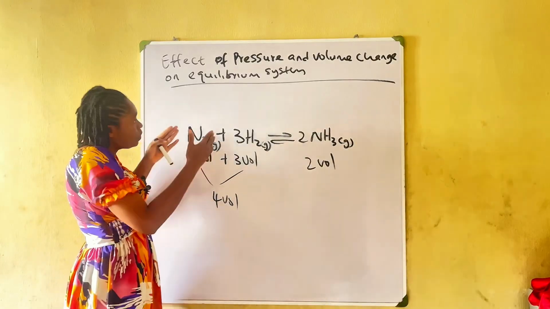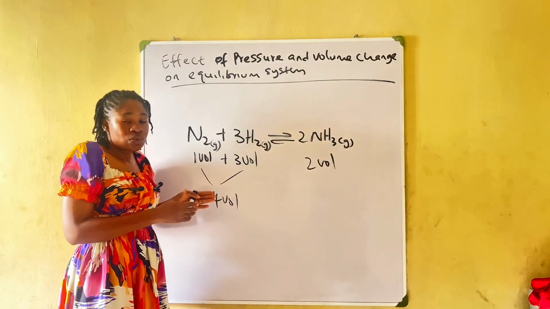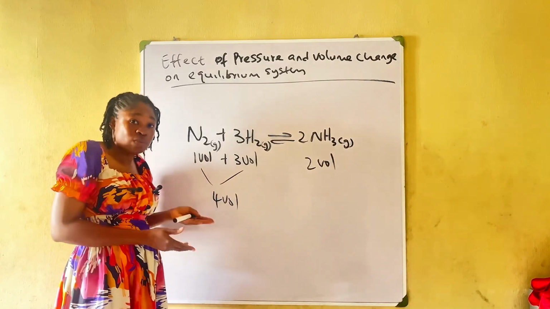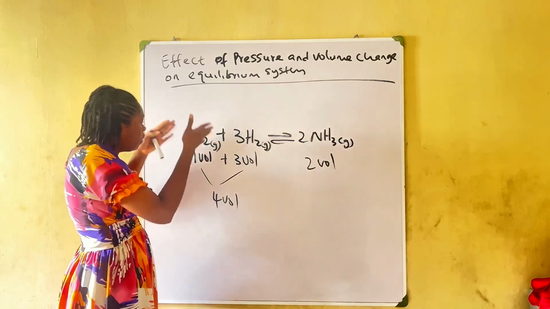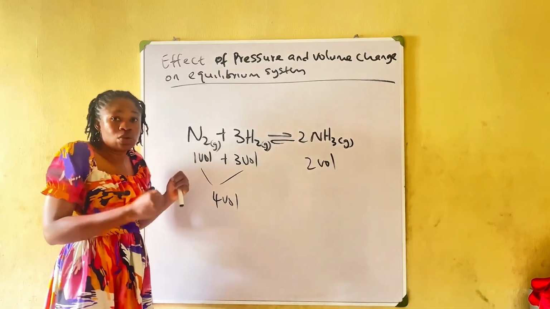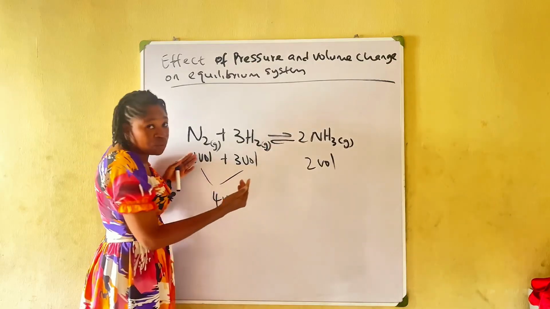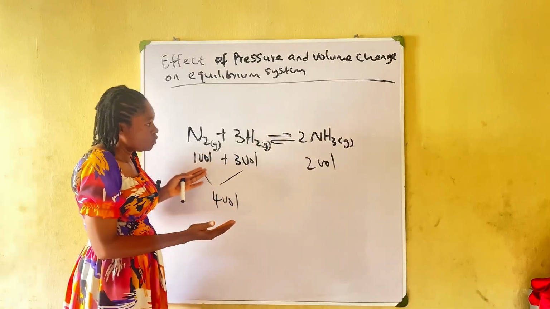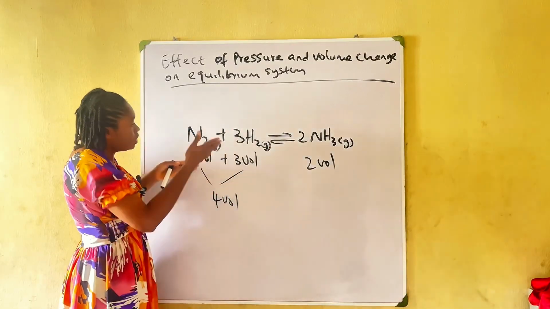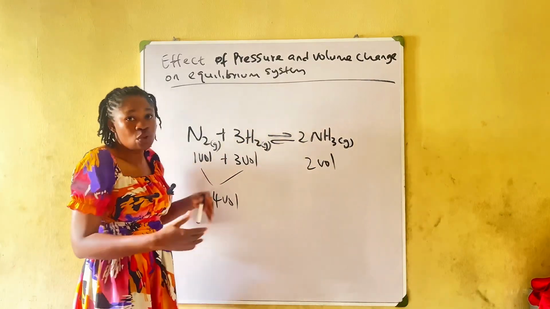Okay, look at this. When I say increase the pressure, it goes hand in hand with a decreased volume. So when I increase the pressure of this system, equilibrium is going to shift to the right because the right side has a lesser number of volume, favoring product formation.